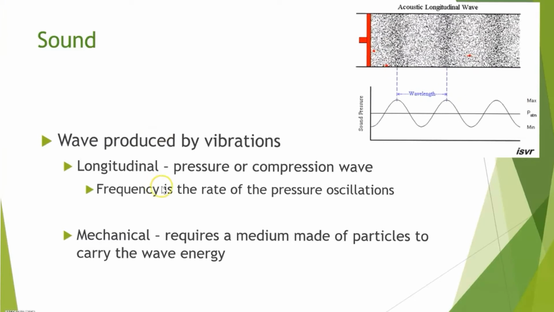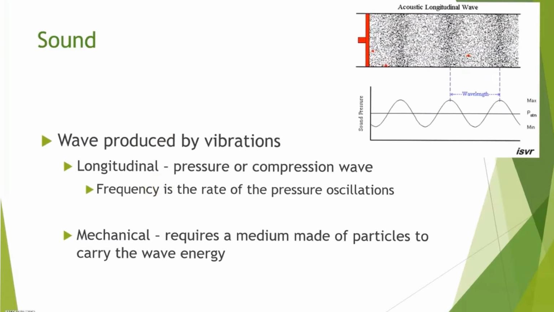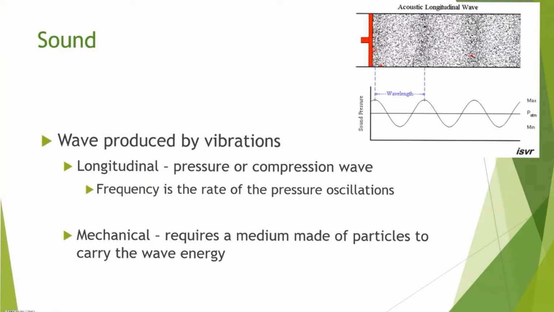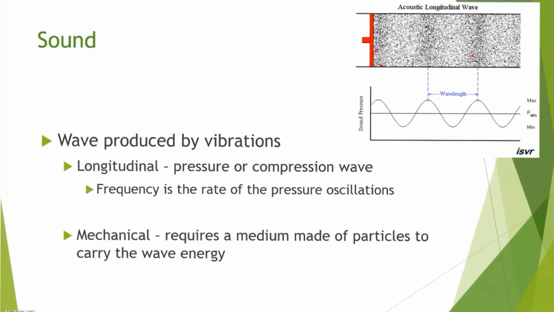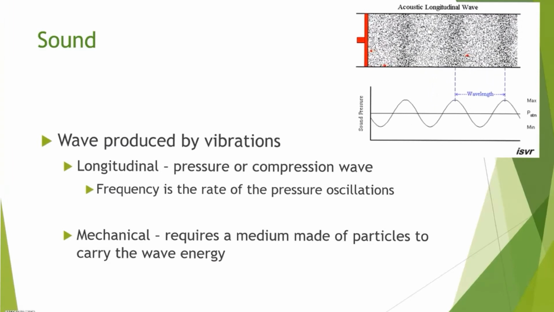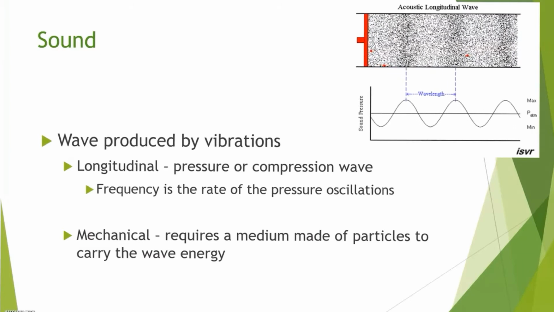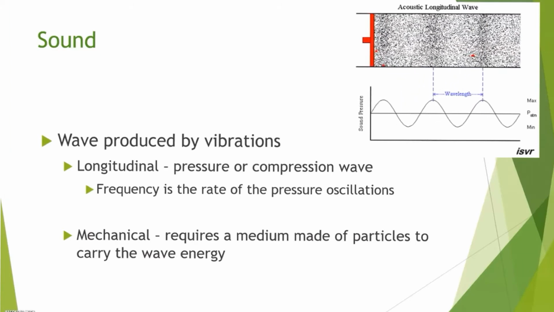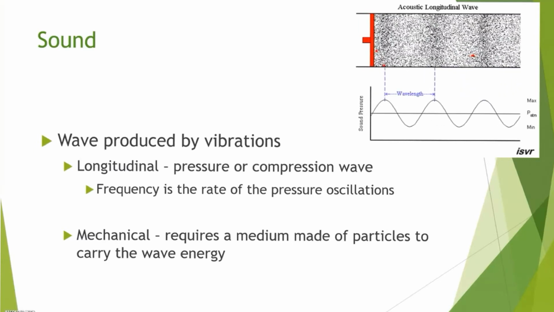Just like all waves, sound waves have a frequency and a wavelength. An example of a frequency: a fire truck siren, its compressions, its back and forth motions occur 3,000 times per second, 3,000 hertz.